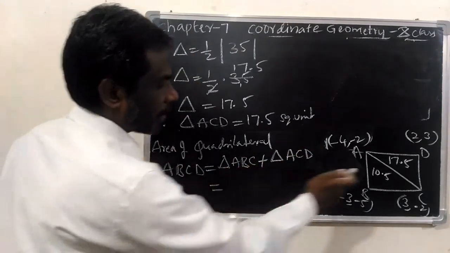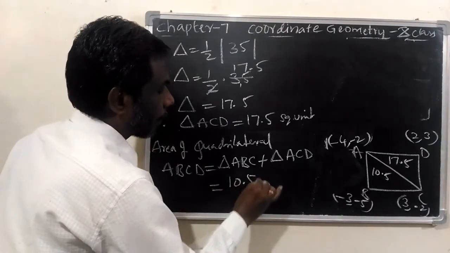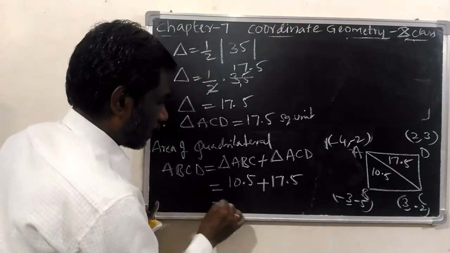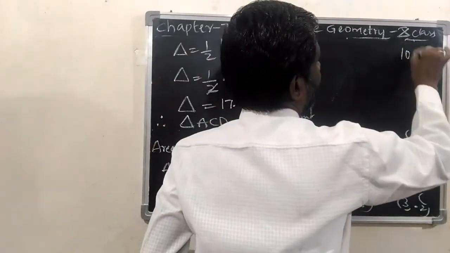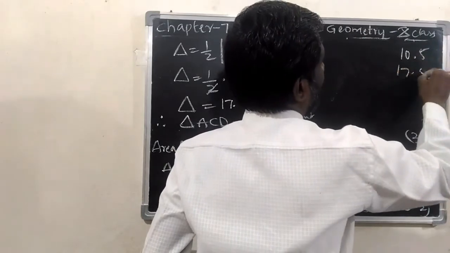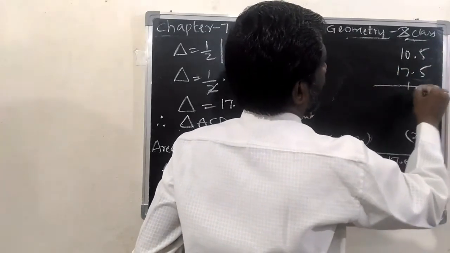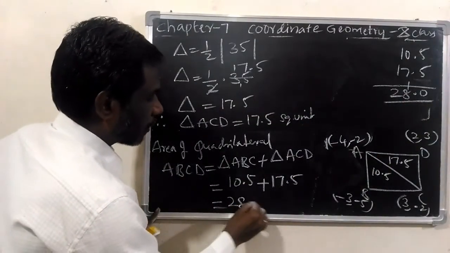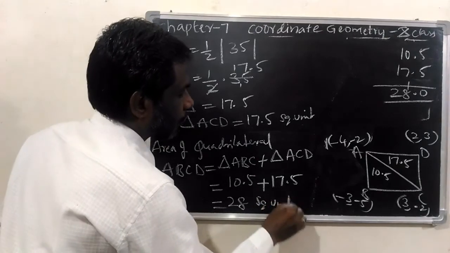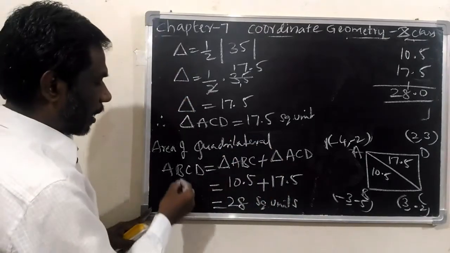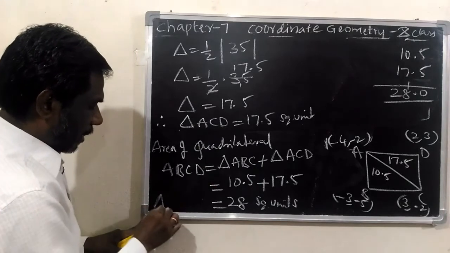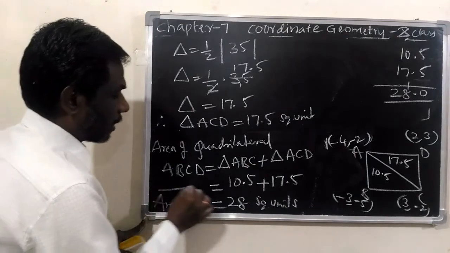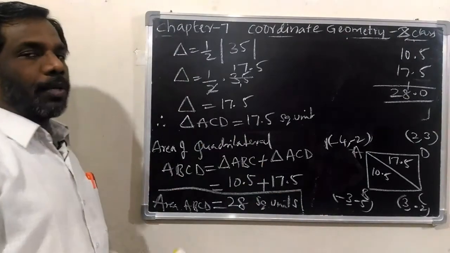Area of ABC is 10.5 plus area of ACD is 17.5. Now add them, 10.5 and 17.5, so we get 28 square units. The area of quadrilateral ABCD is 28 square units. This is the answer.